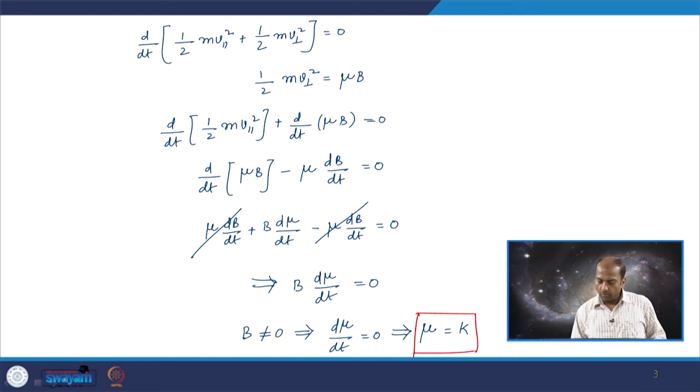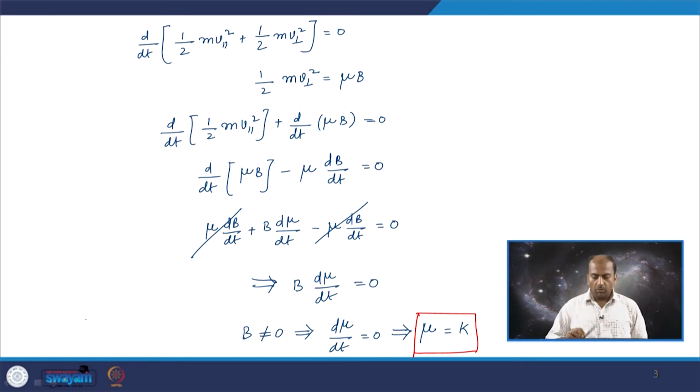So, it is a constant of motion. What does it mean? What is the situation that we have taken, and how does this magnetic moment being constant help us understand magnetic mirroring? We have taken a magnetic field which is converging into a point, and a charged particle with some mass travels in the direction of this magnetic field.